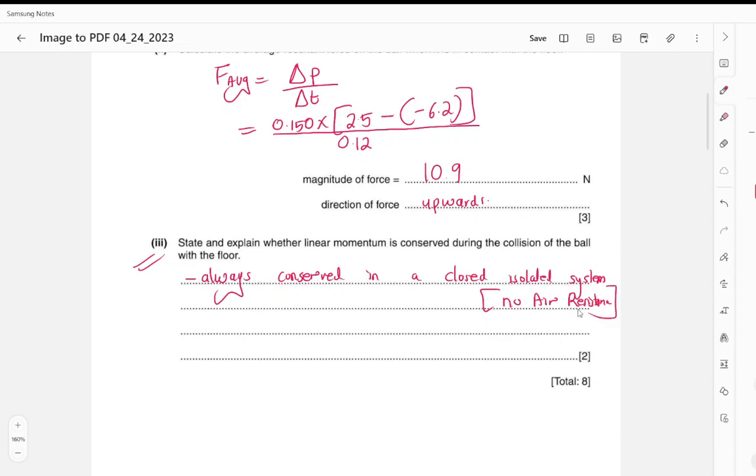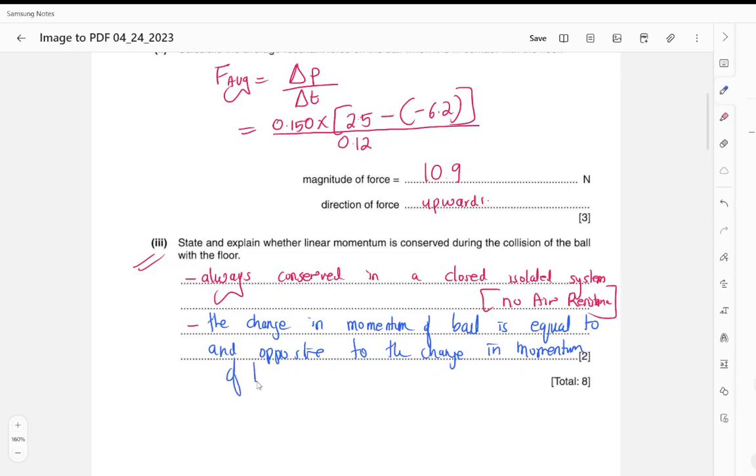सही है. अब मुझे प्रूव भी करना है whether linear momentum is conserved during the collision of the ball with the floor. So the change in momentum of ball is equal to and opposite to the change in momentum of floor.